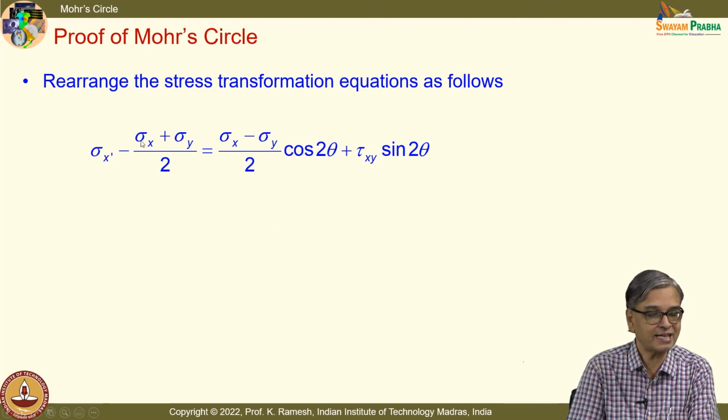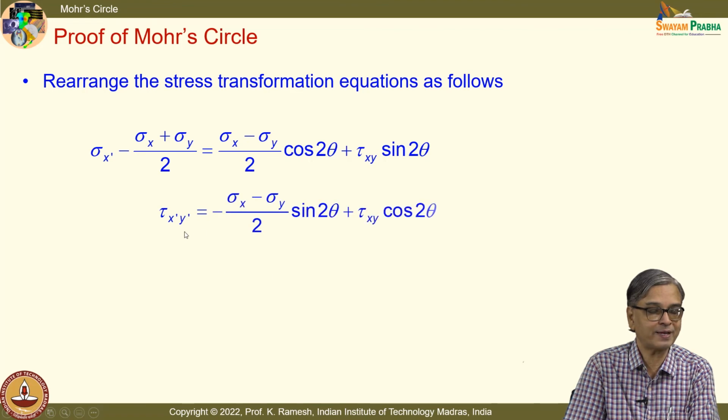This is the same as the expression for sigma x prime that we have written, but written in a convenient manner like this. And I have tau x prime y prime equal to minus (sigma x minus sigma y)/2 sin 2 theta plus tau xy cos 2 theta. So now what I do is I square and add and eliminate the parameter.